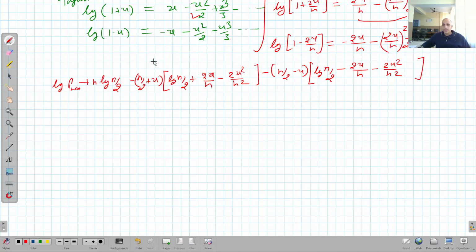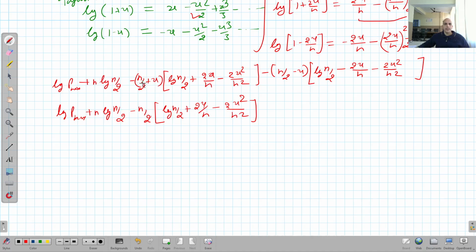In the next step, you will have log of p maximum plus n log of n/2 minus (n/2) into log of n/2 plus 2x upon n minus 2x square upon n square.